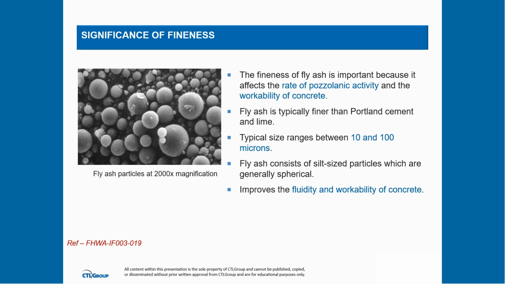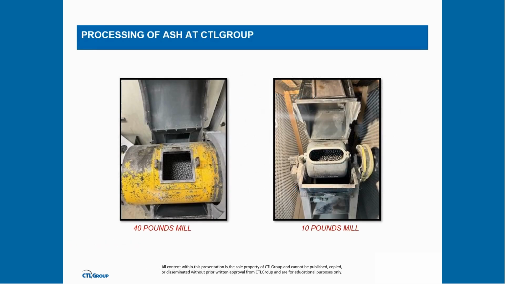And in terms of long-term durability performance, fly ash converts the weak calcium hydroxide into the stronger calcium silicate hydrate over time, and that improves the long-term performance of the concrete.